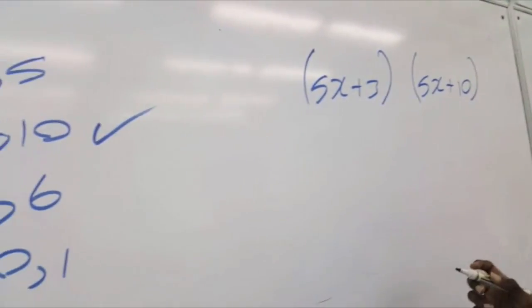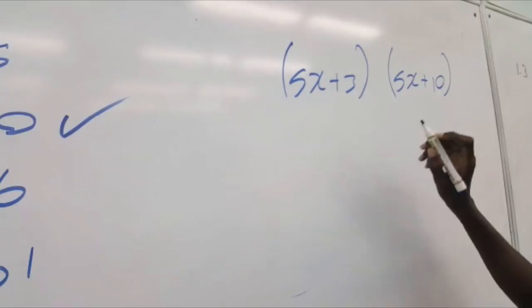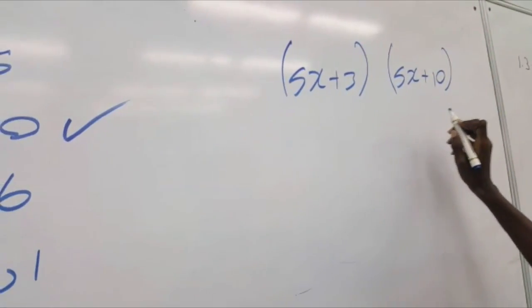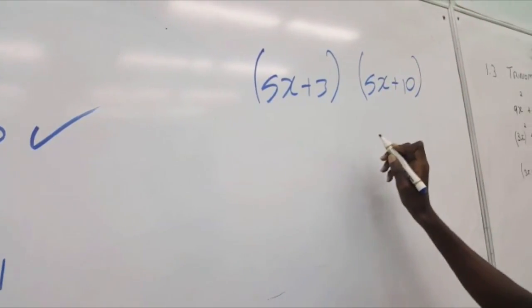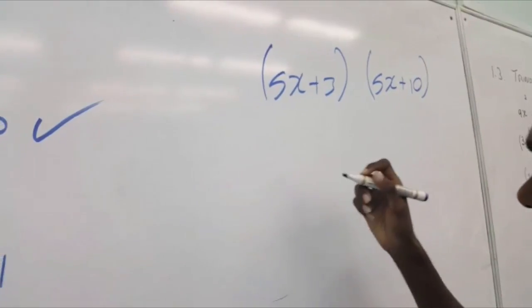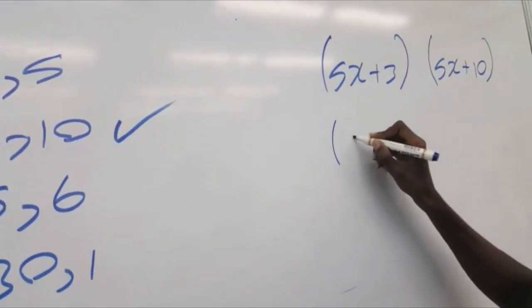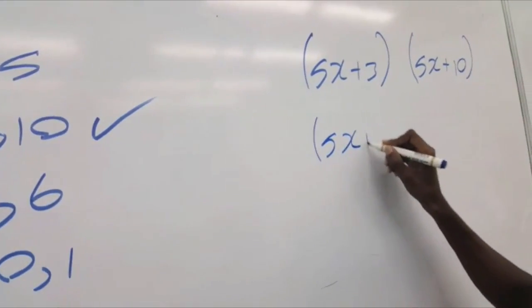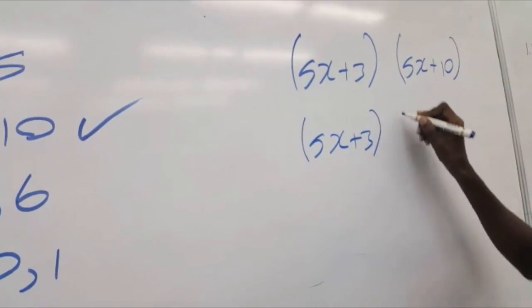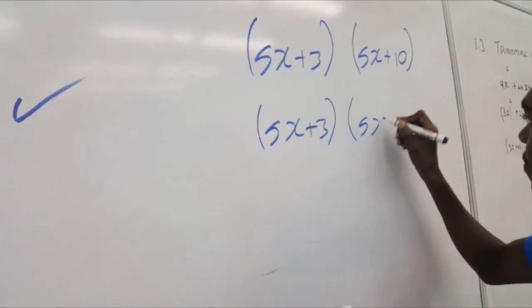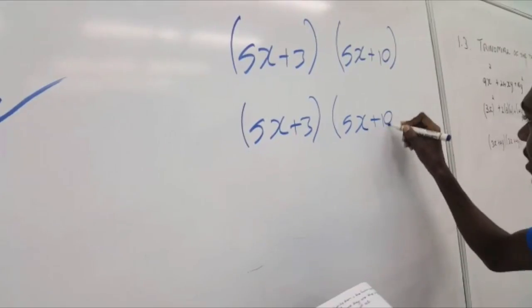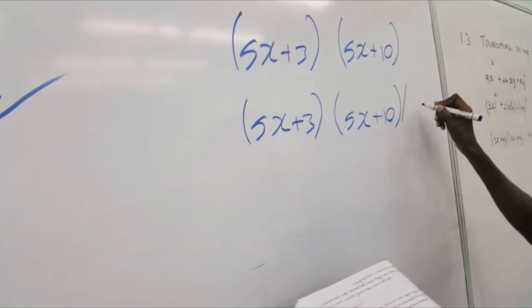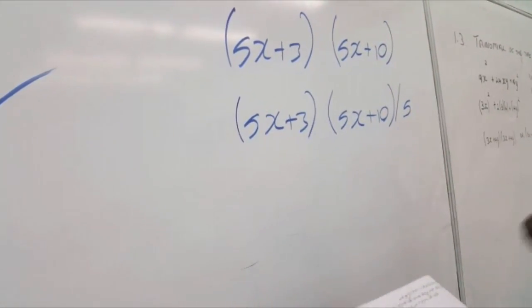So now what I'll do is divide the factorized form by the coefficient, which is 5. So now I'll have 5x plus 3 and 5x plus 10 divided by 5.